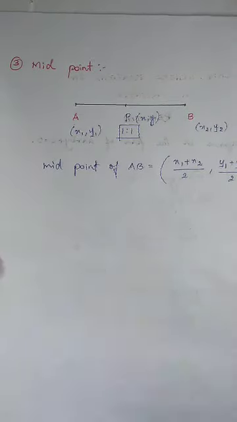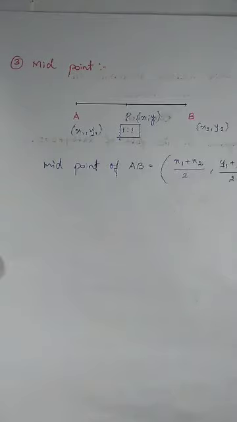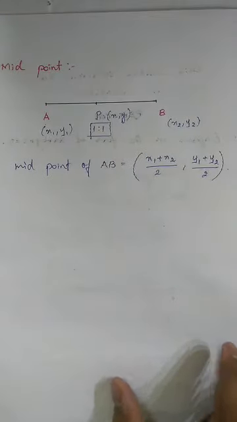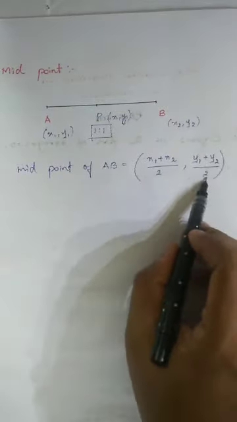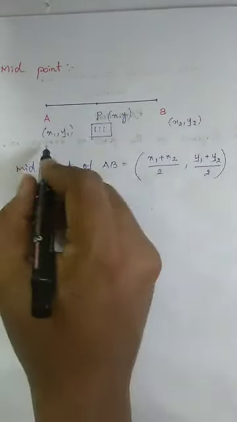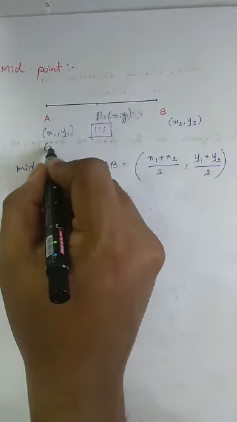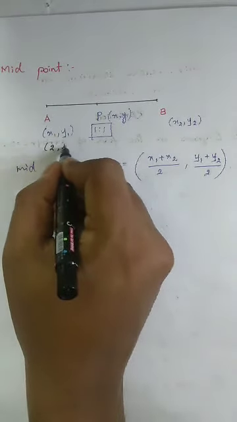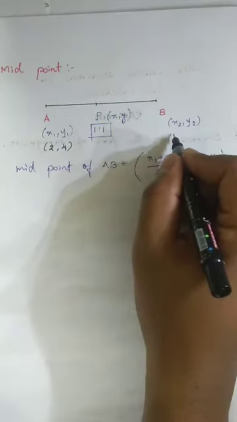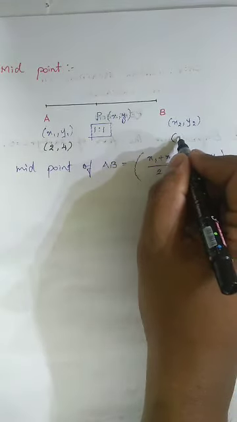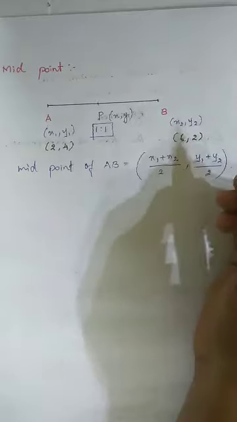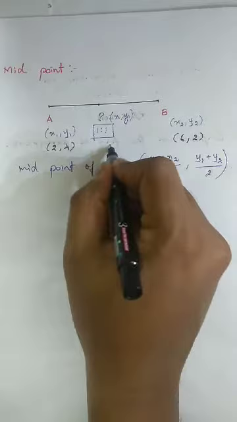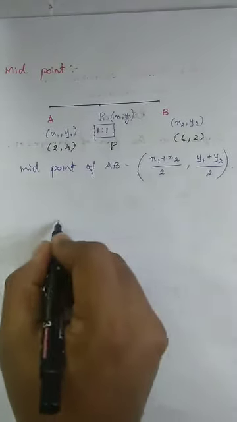So for example, we'll do one sum using midpoint. The midpoint is x1 plus x2 divided by 2, comma, y1 plus y2 divided by 2. I am giving the value of A as 2 comma 4 and the value of B as 6 comma 2. Now we have to find the midpoint of AB.